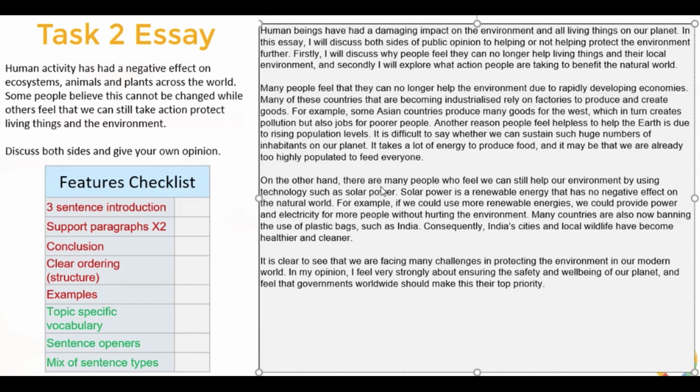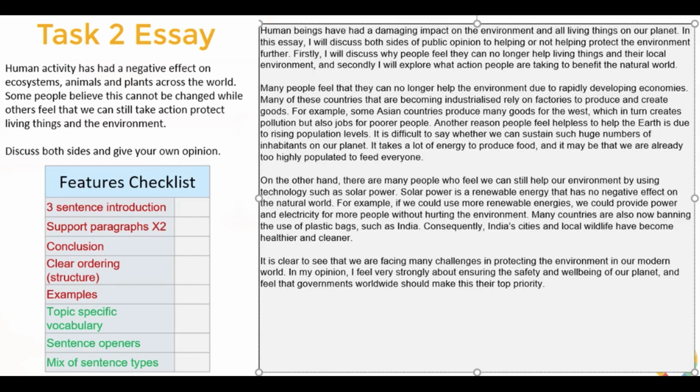On the other hand, there are many people who feel we can still help our environment by using technology such as solar panel, which is the first idea I want to discuss. Solar power is a renewable energy that has no negative effect on the natural world.